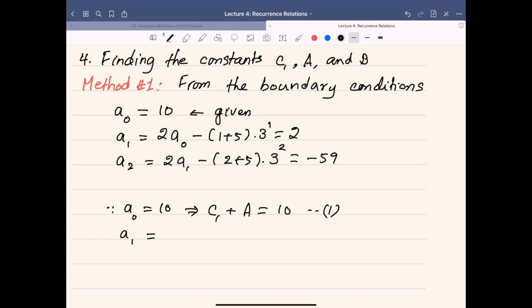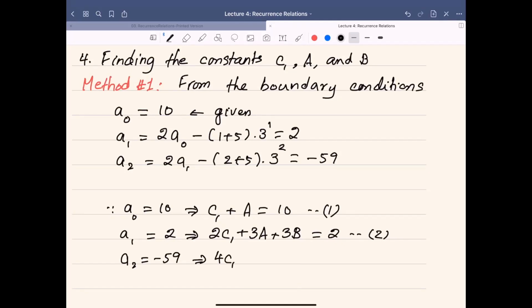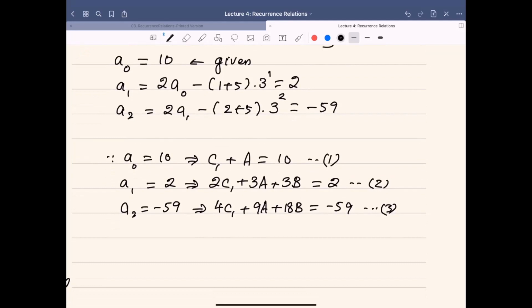So for a1 equal to 2, the equation we will get will be 2c1 plus 3a plus 3b, which is equal to 2, and this is equation number 2. And for a2 equal to minus 59, we will have 4c1 plus 9a plus 18b, which is equal to minus 59, and this is equation number 3.